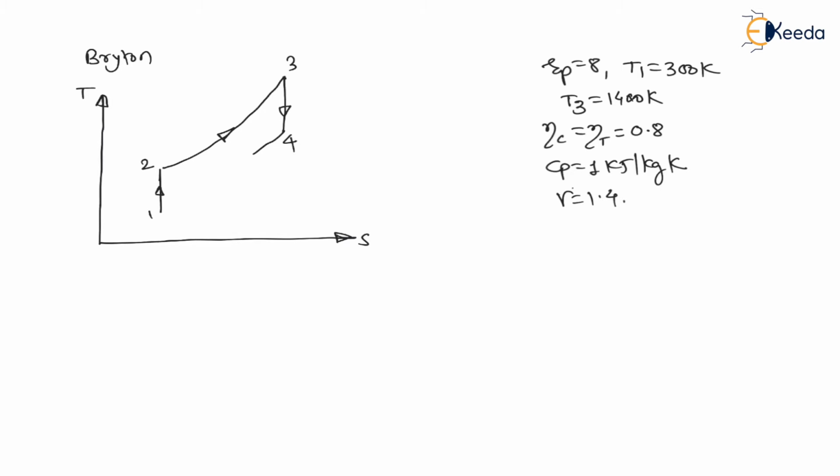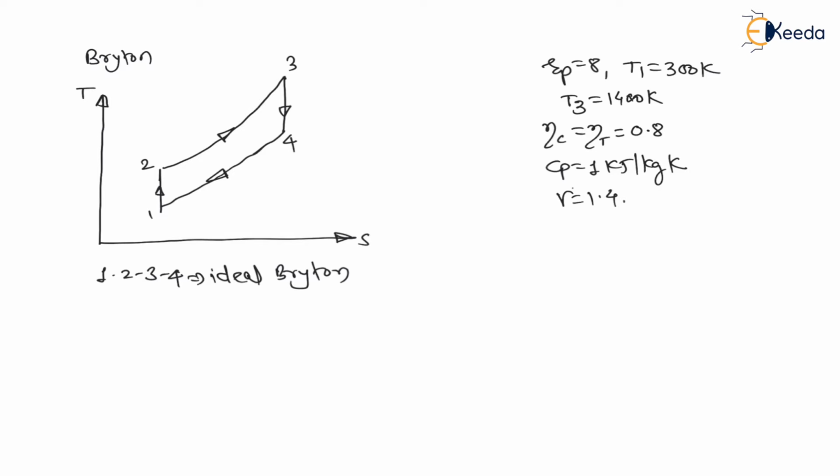And 4 to 1 is constant pressure heat rejection. Now this 1, 2, 3, 4 is the ideal Brayton cycle.